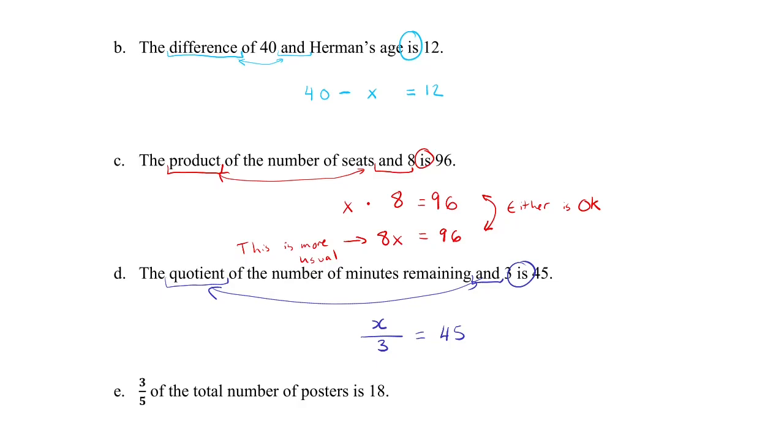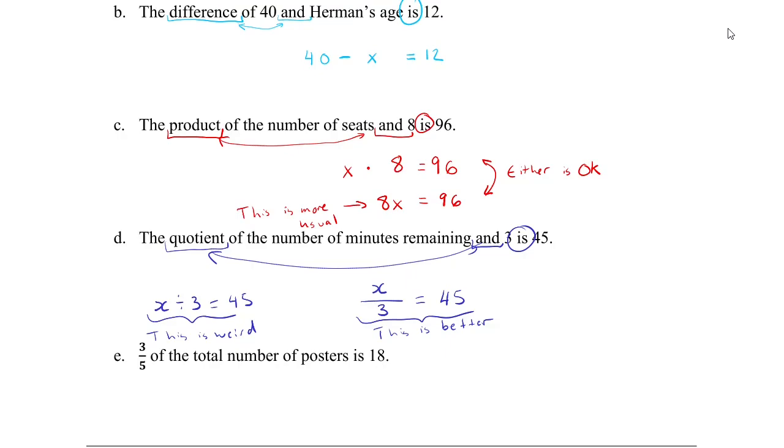Instead of writing x divided by 3 equals 45, this is weird. It's much more normal to write x over 3 rather than using the division sign. Again, either one of them is legal, but while x times 8 is something we might write for emphasis, for example, x divided by 3 with the division sign is something we would almost never write.